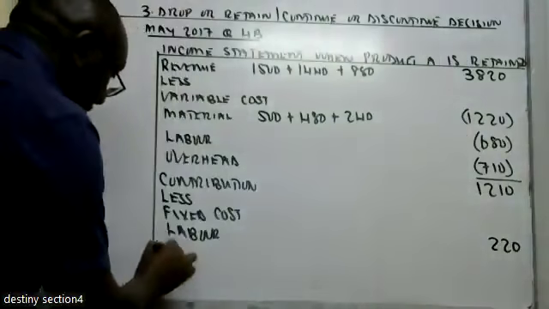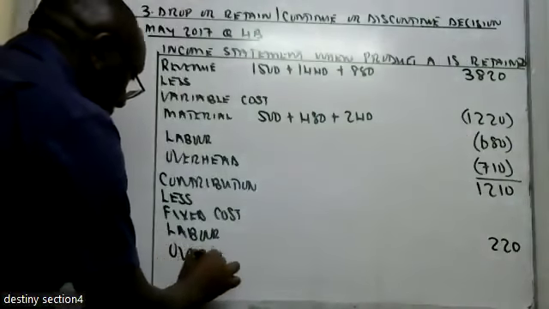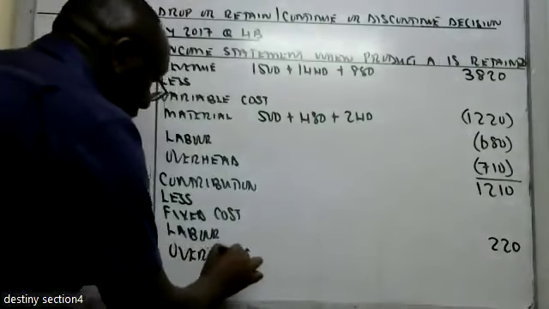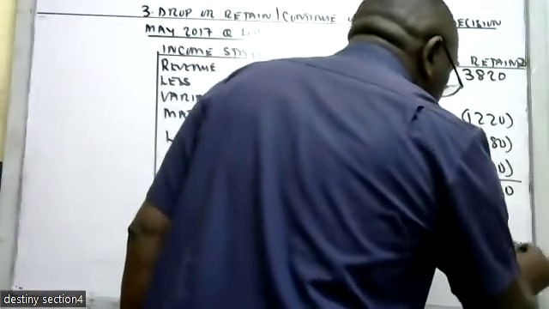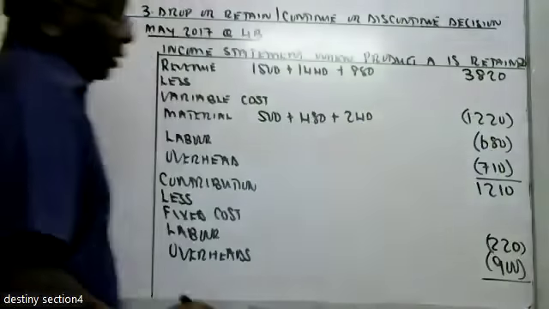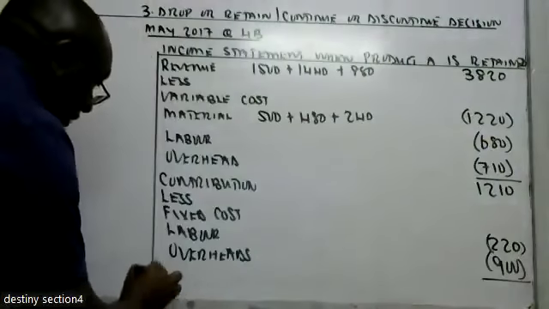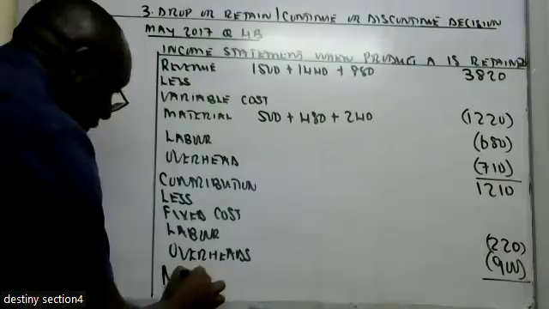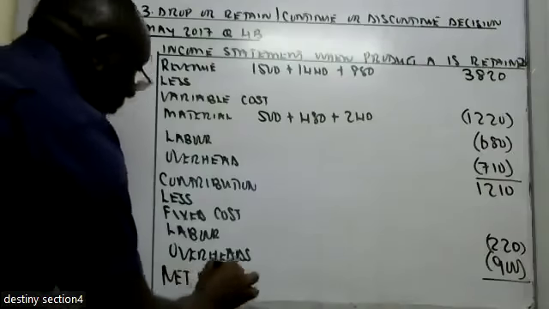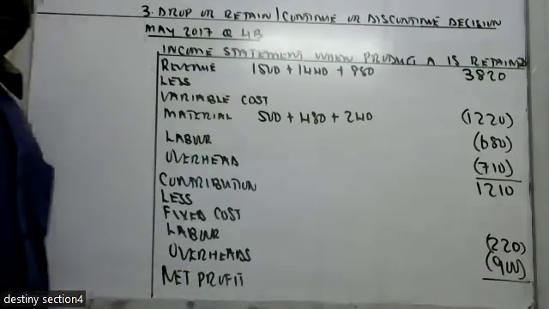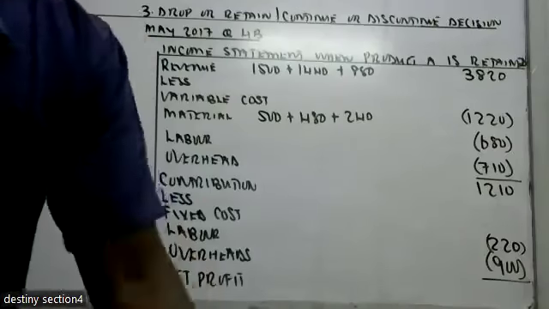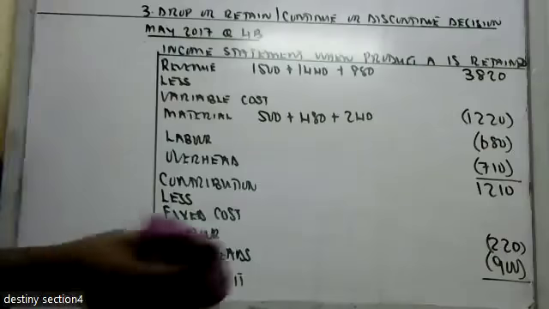Alafu kuna overheads 900. So that gives us the net profit. 90. Yeah. So that is the profit.